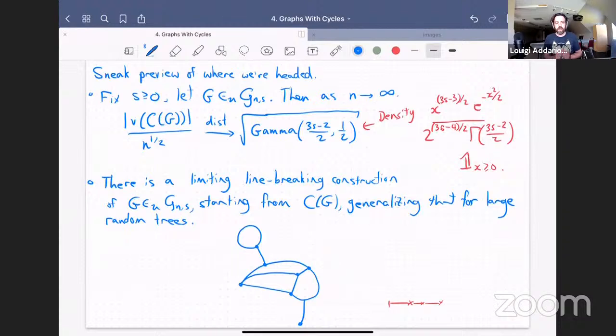And in fact, there's an advantage to using rooted cores, which is that in the case that the surplus is exactly 1, the core just sort of forms a loop, and there's not enough structure in the core for things to work out exactly the way one would like them to. More concretely, in order to have this line breaking construction, in the case where S is 1 and the core is just a loop, you actually need a root.